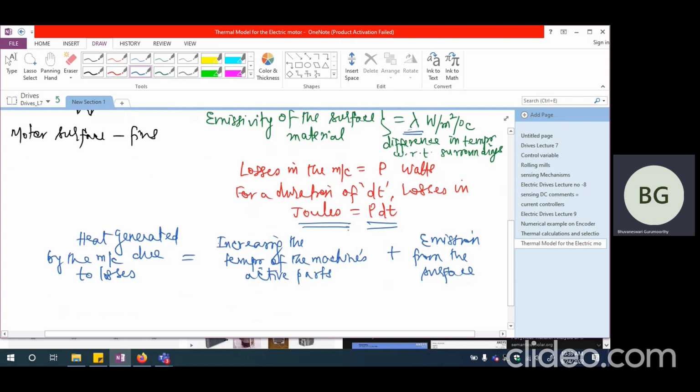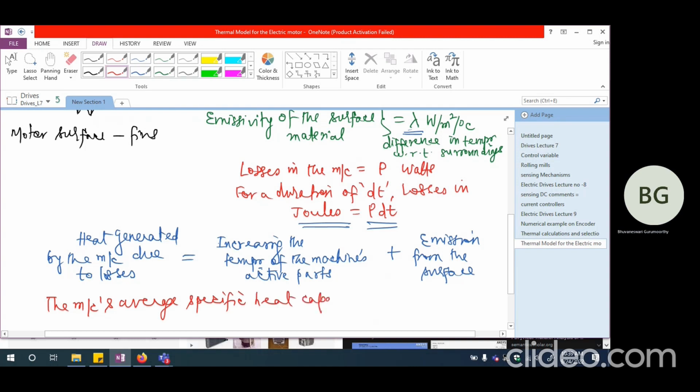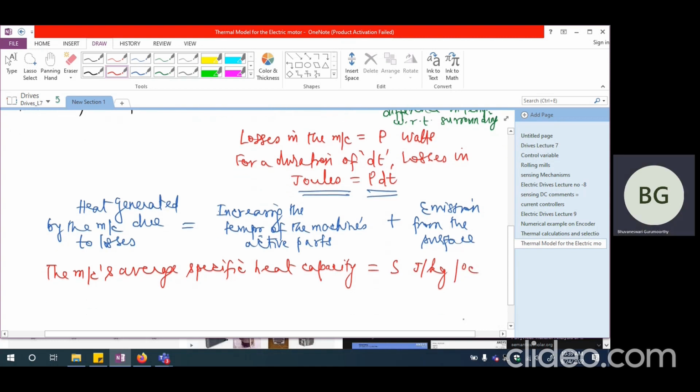So if we say that the machine's average specific heat capacity is going to be S. So that S is going to be again specified in joules per kg weight of this particular machine, for increasing the temperature by 1 degree centigrade.